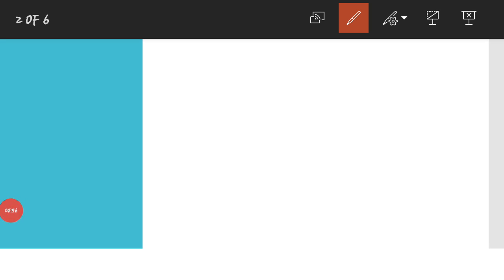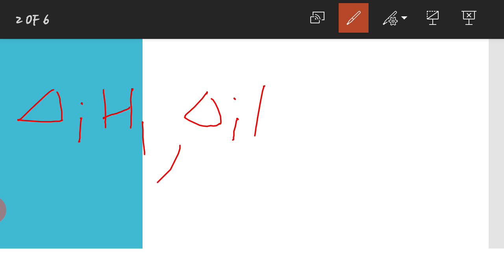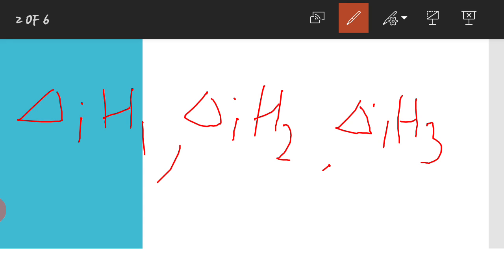The ionization enthalpies delta I H1, delta I H2 and delta I H3 are called successive ionization enthalpies.